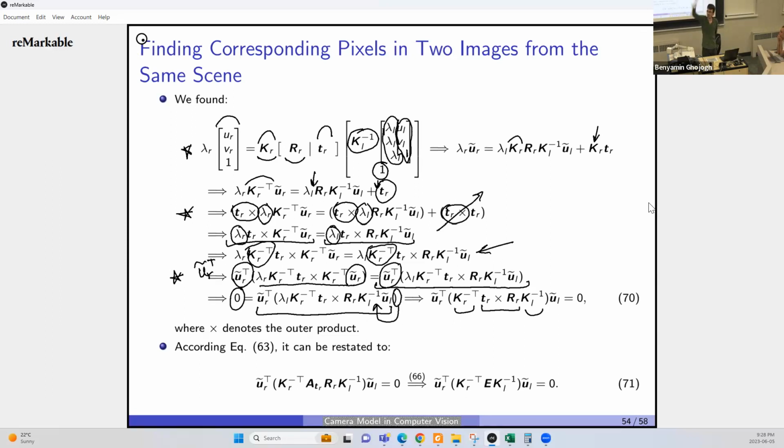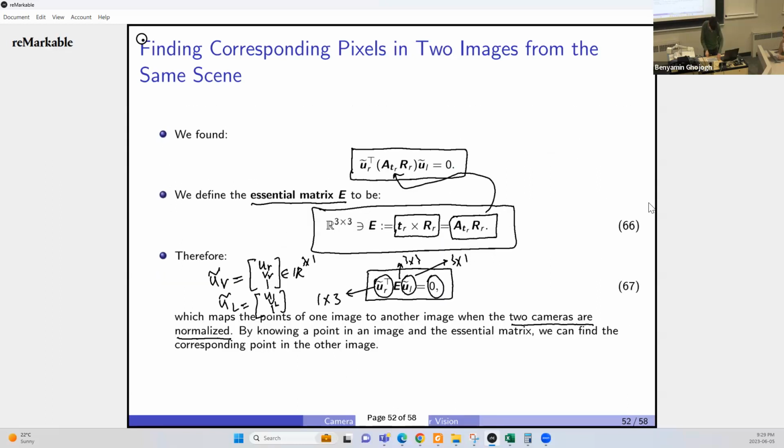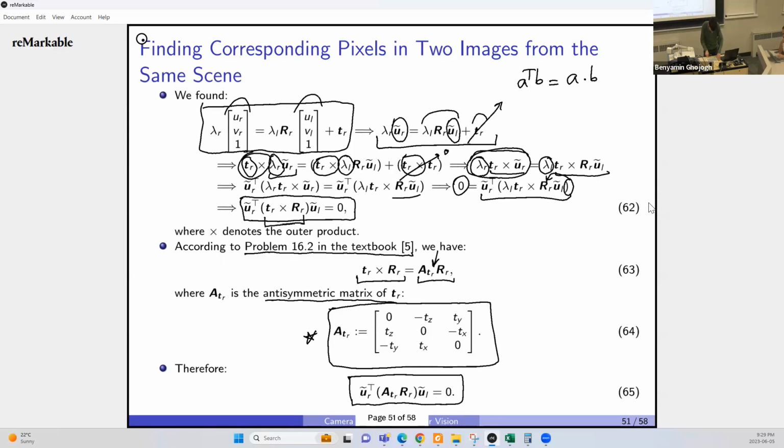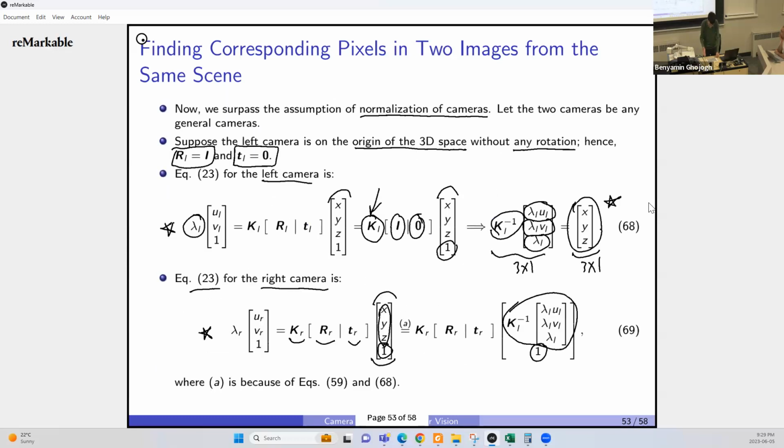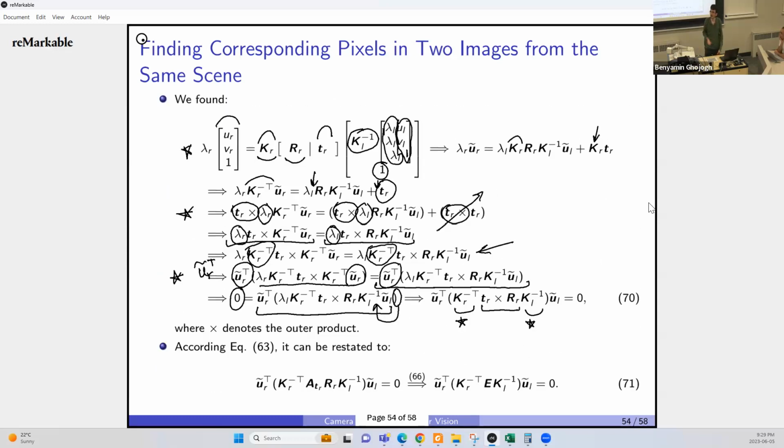Because in the previous case, we assumed that KL and KR are identity matrices. If you put identity matrices in equation 70, they go away. They become multiplication by 1 is the same, by identity is the same, right? So equation 62 is a special case of equation 70 when KL and KR are identity.